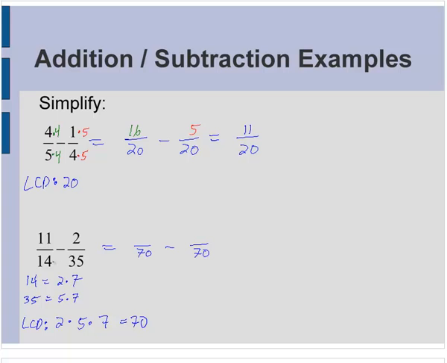The missing factor is the 5. 14 times 5 is 70, and 11 times 5 is 55. 35 times 2 is 70, and 2 times 2 is 4. So this gives us 51 over 70. And I don't believe that there will be any common factors between the numerator and denominator here. So we're done with that exercise.